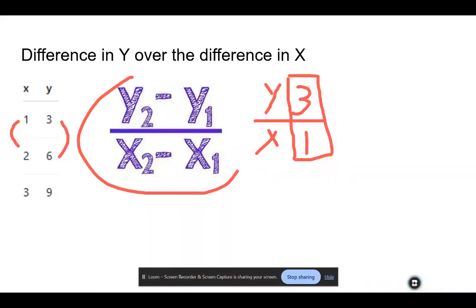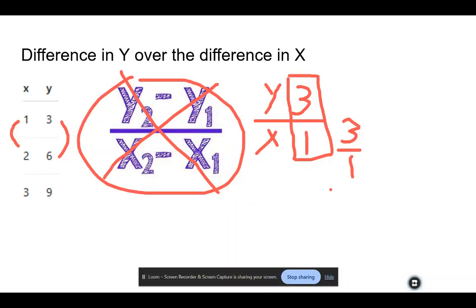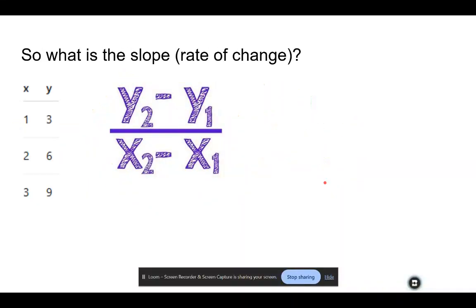This is really what you're doing: you're subtracting the first number from the second number, but we don't write it out, because you can just look at 1 and 2, and I added 1; 3 to 6, I added 3. So in this case my slope would be just 3. It's really a fraction, 3 over 1, but if you typed in 3 as your answer, you would have gotten it right.